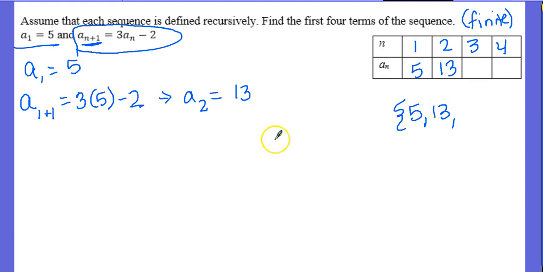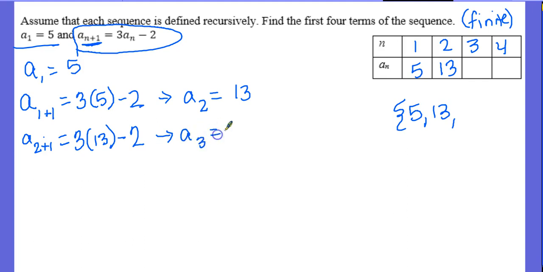All right. Now I have to use 13. So now I'm going to use the A sub 2, and I'm going to get to the A sub 3. To find it, I take the A sub 2, which was 13, and I plug it in for my n, and I get my A sub 3 is 37. So I put that in my little finite sequence down here, and I go to my very last one. Anybody want to tell me what I'm going to write in the next line?